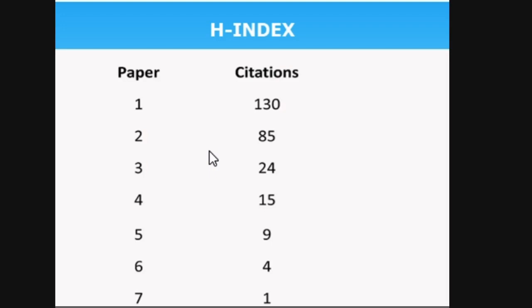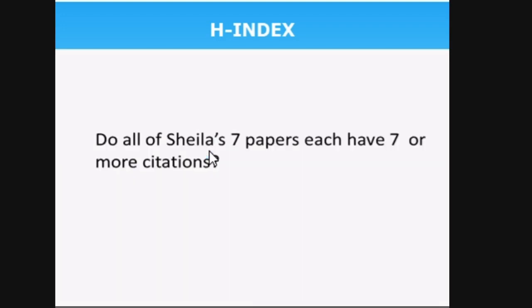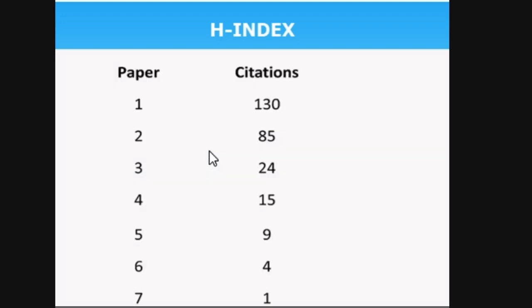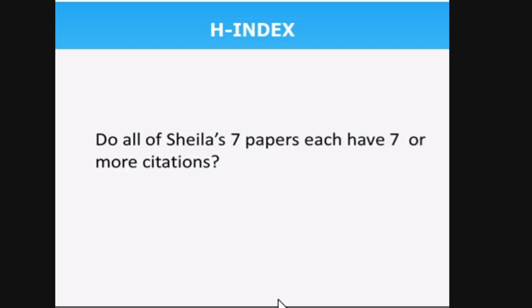Now we are going to ask this question. Do all of Sheila's 7 papers each have 7 or more citations? Can you answer this? That means all 7 papers have 7 or more citations.